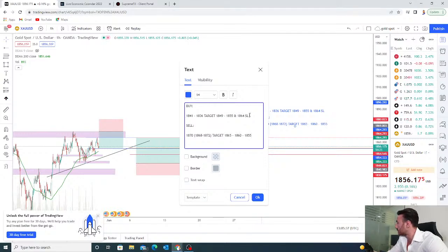Stop loss below 1830. And my stop loss here above 1880.